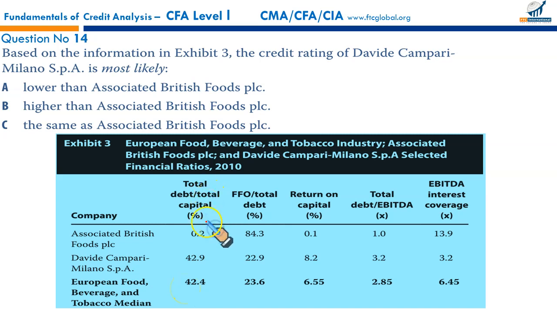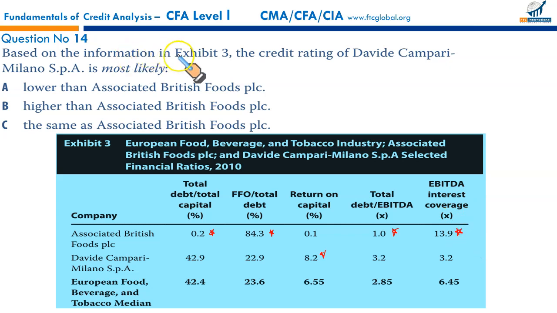Total debt to total capital, this is the best amongst all. Funds from operations to total debt, the best. Return on capital. Total debt to EBITDA, this is the best number here. And EBITDA coverage ratio, the best number is for Associated British Foods.